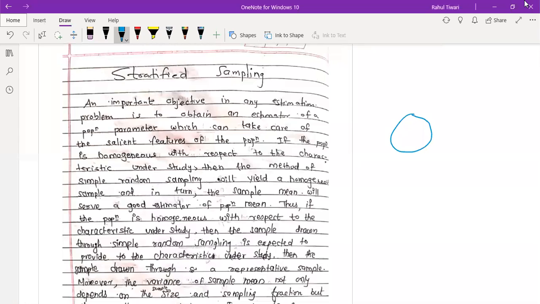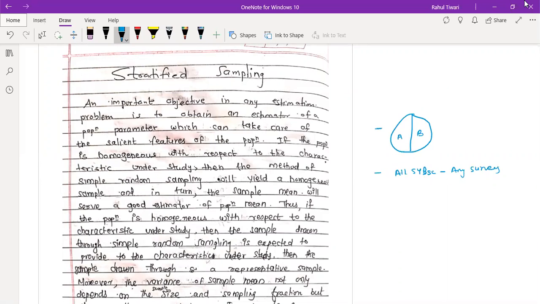If I'm partitioning this particular area into two parts, that means here the size is the same. So these plots are homogeneous. Another example: if I'm considering all SYBSC students for doing any survey, here I'm considering homogeneous data.